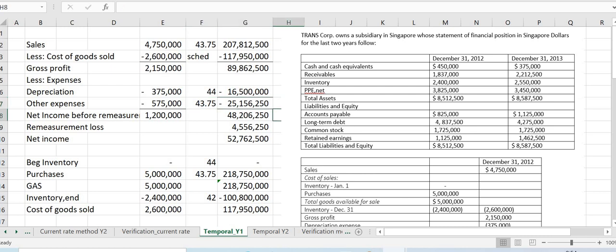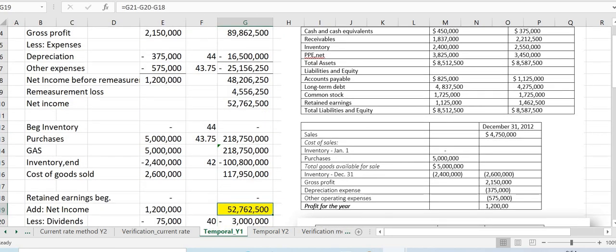Okay, so you have net income before remeasurement of 48,206,250. And our net income, as computed earlier, is 52,762,500. So compare them. Since it increased, we have a remeasurement gain. So we have a remeasurement gain of 4 million.